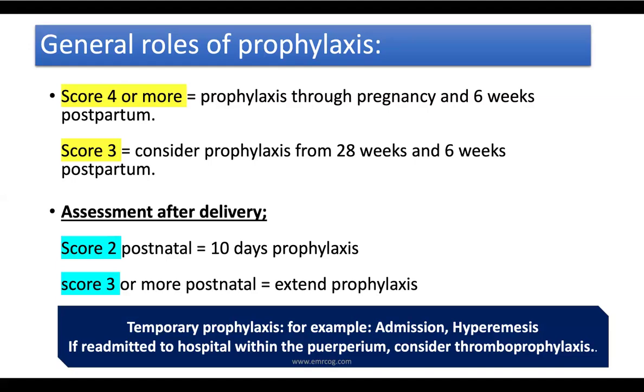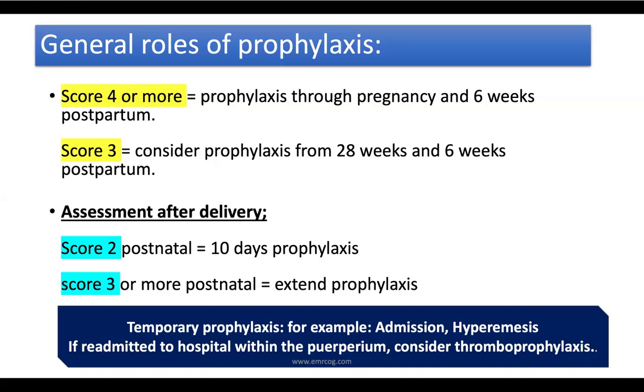It's mandatory that you repeat the assessment after delivery, but any woman who received low molecular weight heparin during the course of the pregnancy will continue for 6 weeks postpartum.